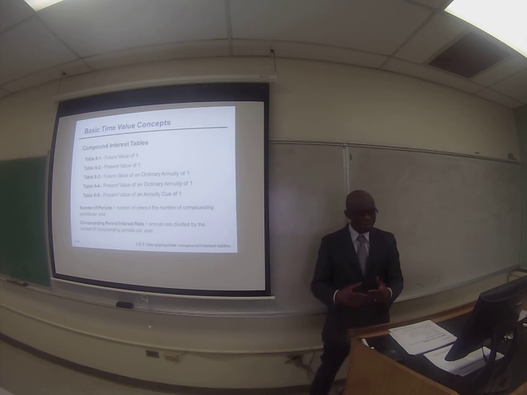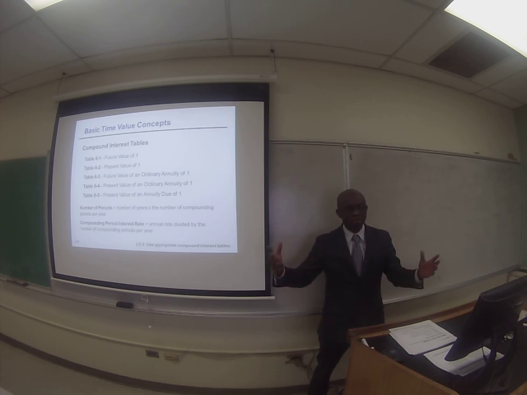If we have a 12 month period or 1 year business deal and we are compounding monthly, we multiply 1 year by 12 months and that will give us 12 periods. So in other words, we are going to compound every month, and that will give us 12 periods.